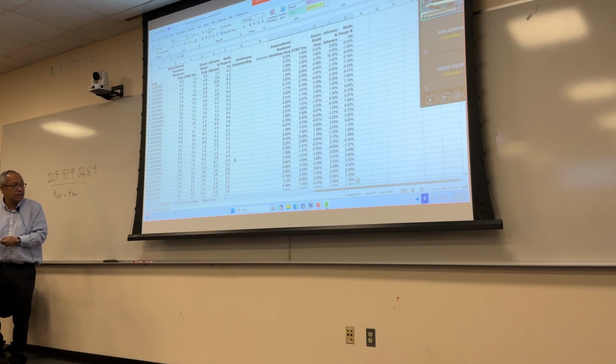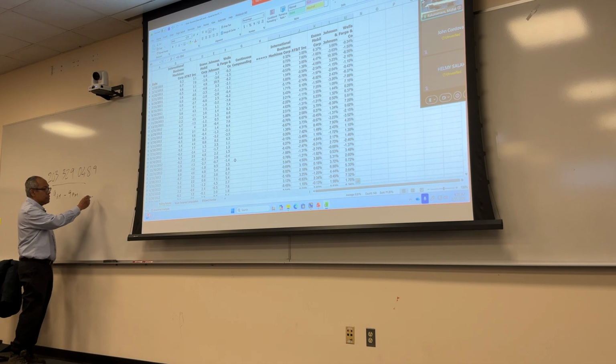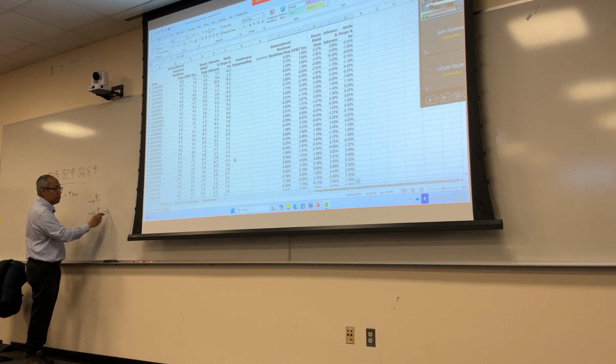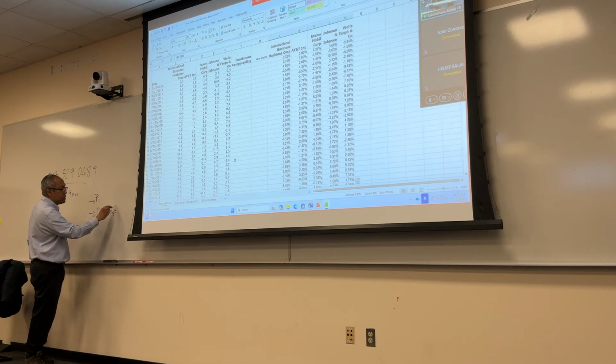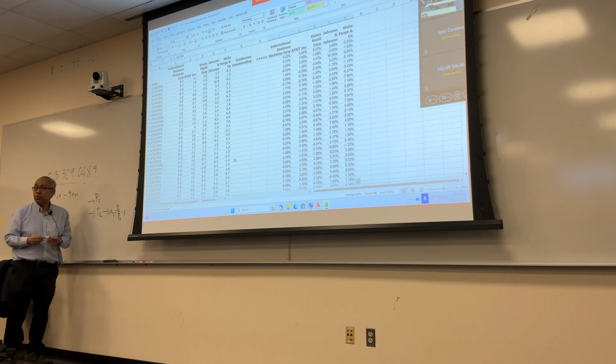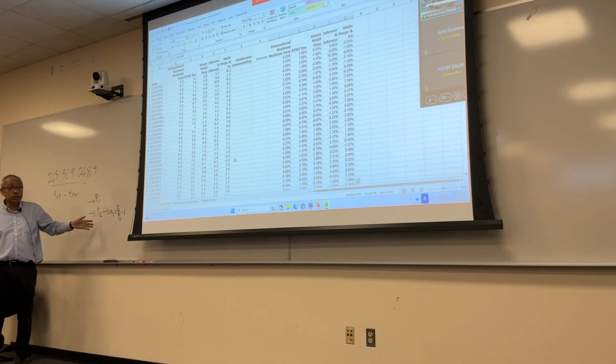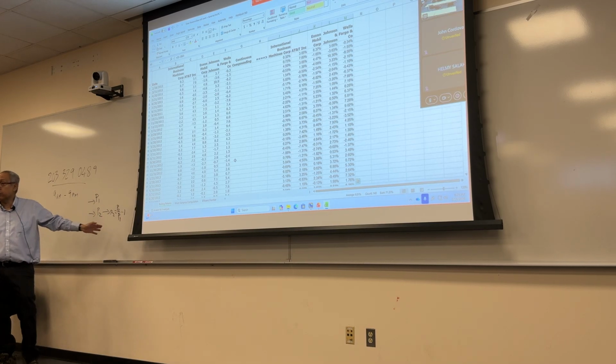If you have price number one on day one and price number two on day two, then this data allows you to compute the return on day two, which is the price on day two divided by the price on day one, minus one. That's the transformation you need to apply to convert a column of prices to a column of returns.